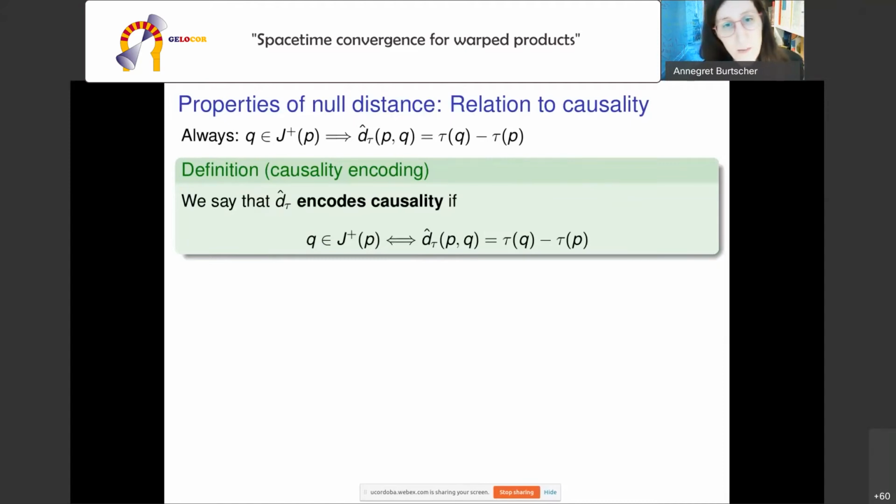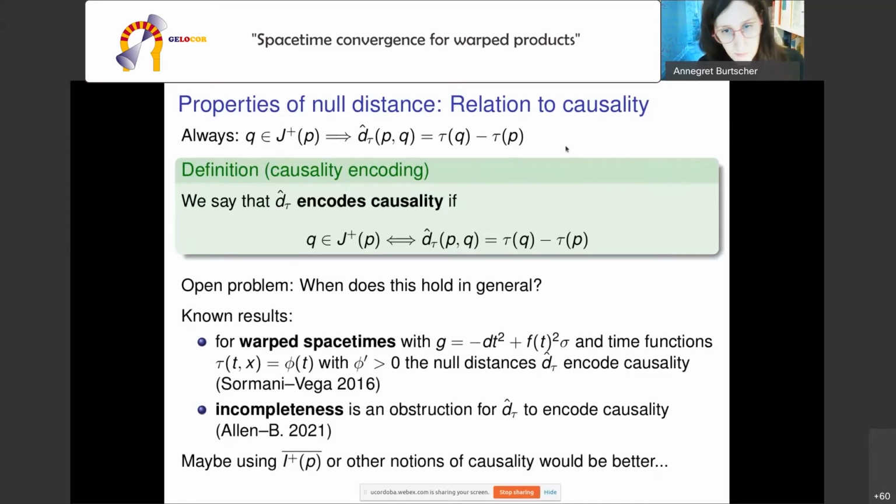And so Sormani and Vega coined a notion of causality encoding for that scenario. And that just means that this is an equivalence, not just an implication. And then you can ask, well, when is this satisfied?